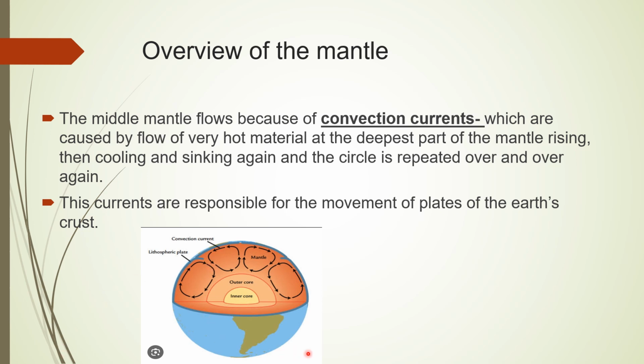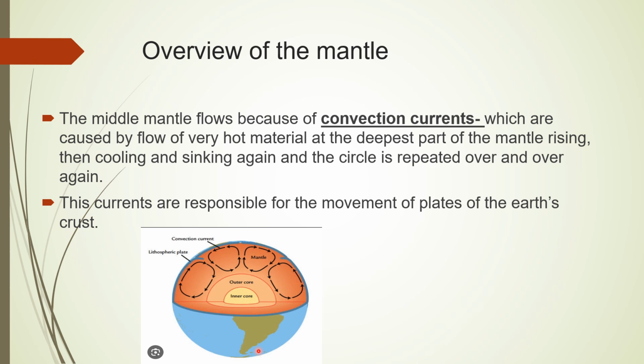As we look at the illustration here, we can see the arrows. They present a flow of something. This is convection currents.